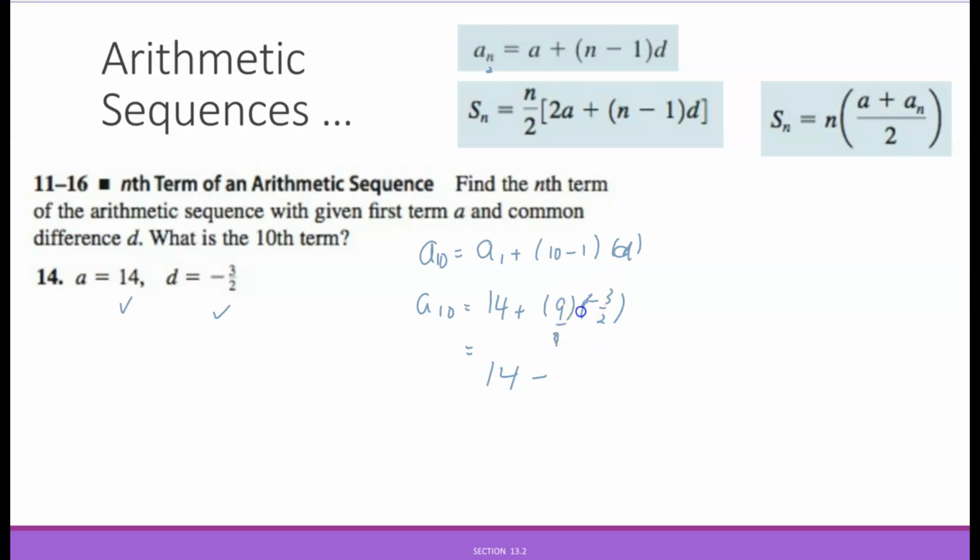We're actually multiplying. So that's going to be negative 27 over 2. Here's where we'll need our common denominator: 28 over 2 minus 27 over 2, which is going to give us 1/2.